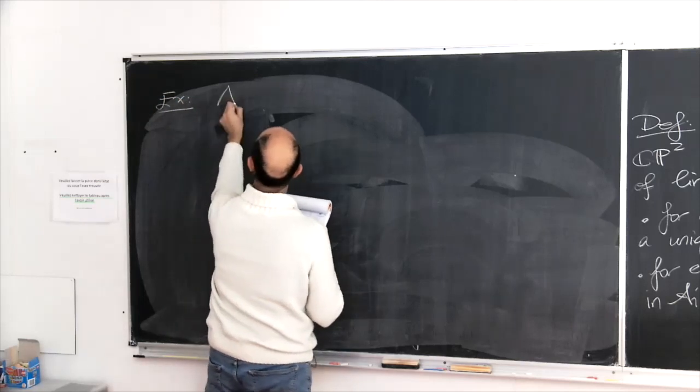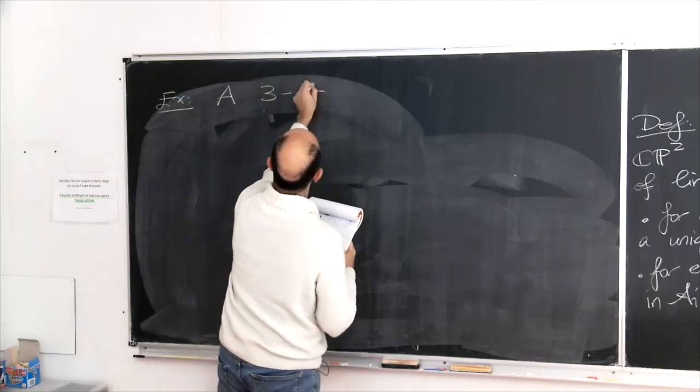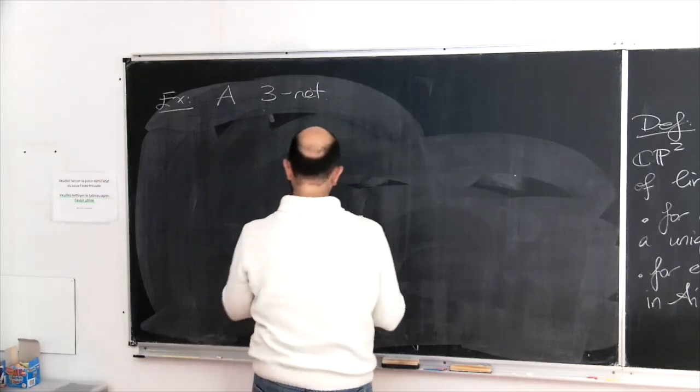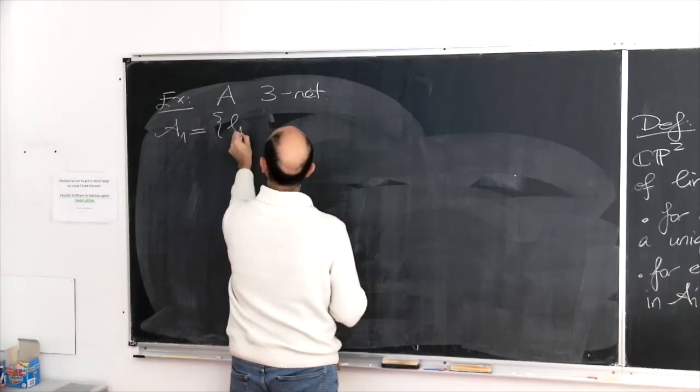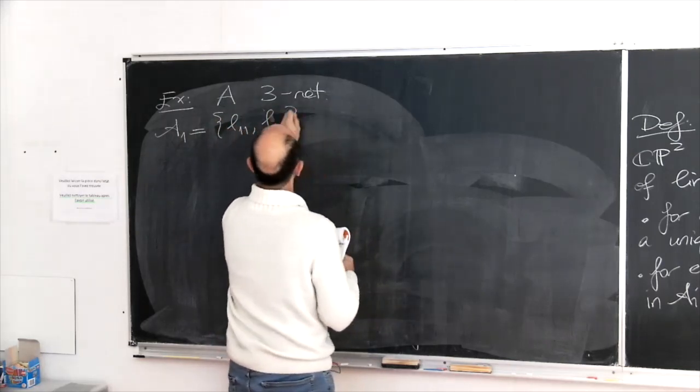Here's a 3-net, a rather simple one. So you'll have 3 sets, and each will have 2 lines.